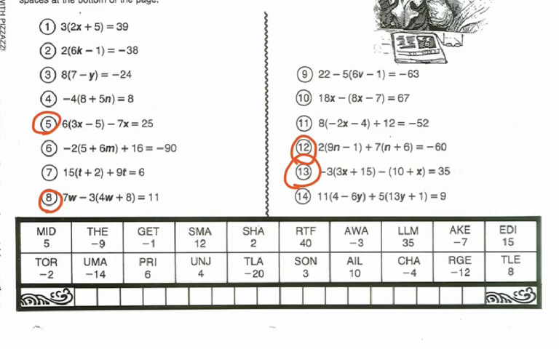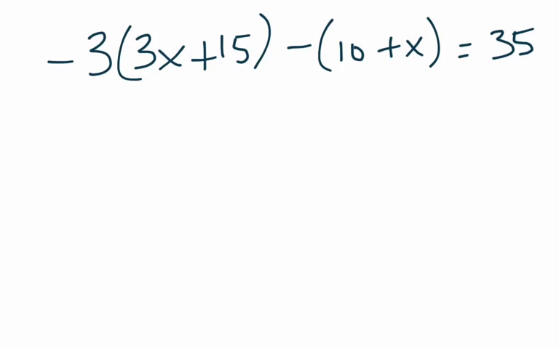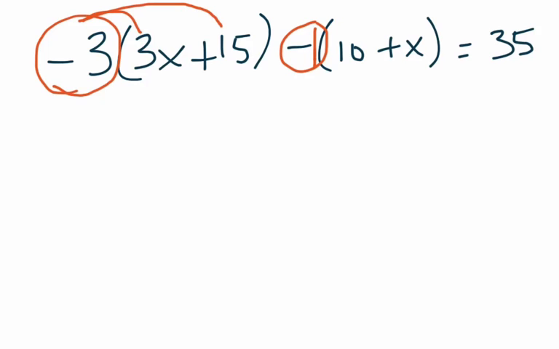Okay, the last one that I want to do is 13. 13 also has a little something happening to it that we need to be aware of. So let's try number 13. Okay, so here's what we need to know. We're going to distribute a -3 to these two terms, and then we're going to distribute a -1 to these two terms.